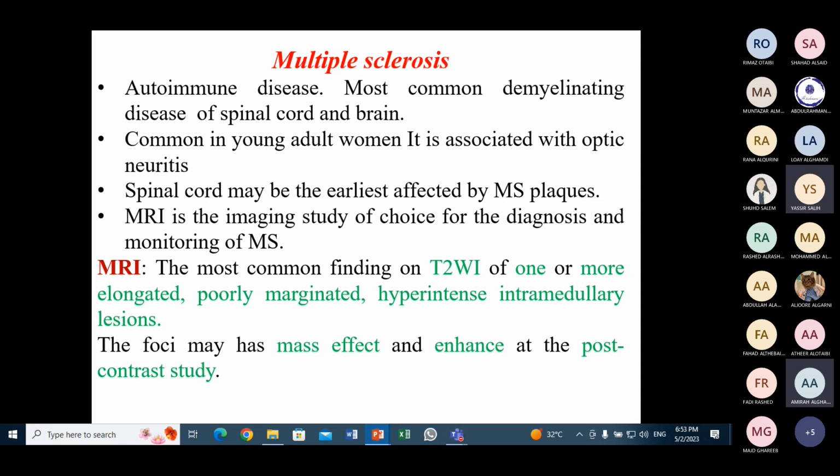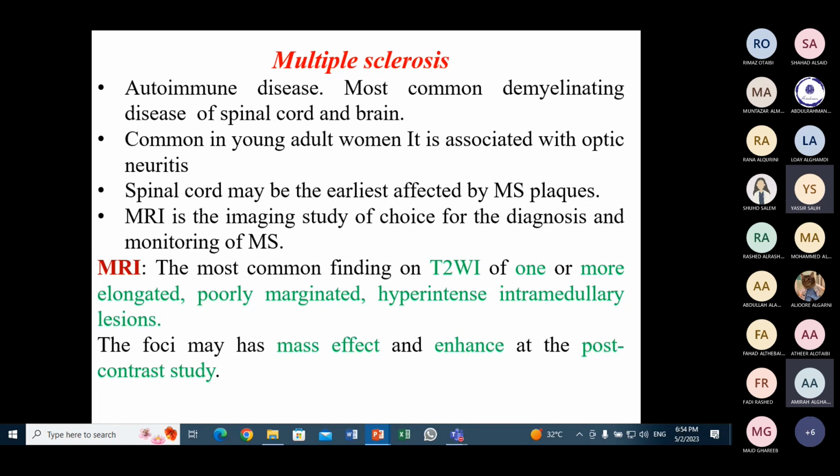So إذا لقينا في الspinal cord إن عندنا lesion that are elongated and poorly marginated يعني outline بتاعته unclear and hyperintense, these are the features of multiple sclerosis. And this multiple sclerosis may be enhanced with contrast or not.